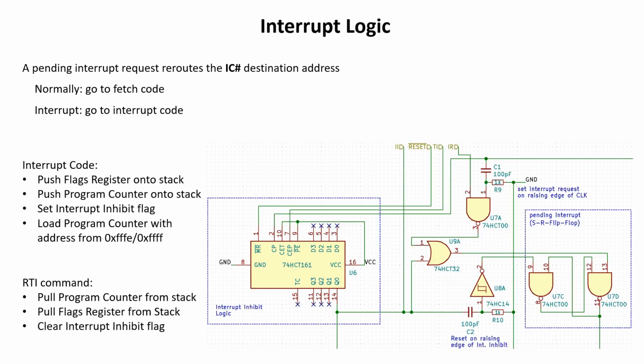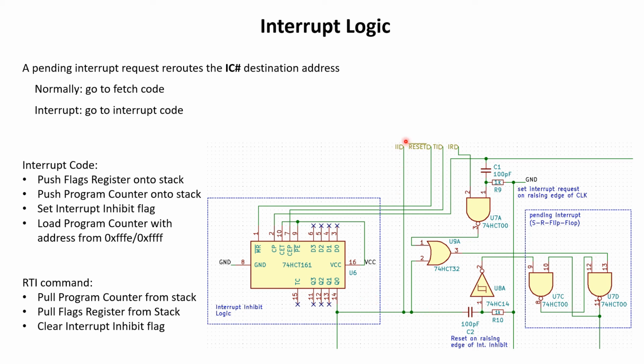From the schematic you can get an idea how this works. So there is this interrupt request line that comes in here and is NANDed together with the clock line, but only on the rising edge of the clock, because I want to be sure that the interrupt request is only routed through when the address lines on the address EEPROMs are stable, and then this is fed into this SR flip-flop, so that whenever interrupt request is routed through this NAND gate, it is stored in here, and this line leads to the address lines of the EEPROMs.